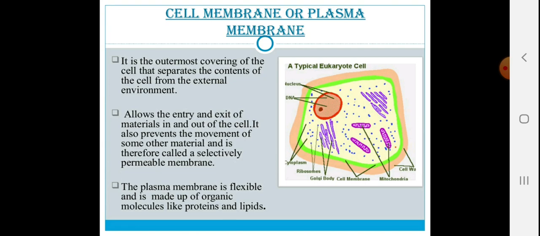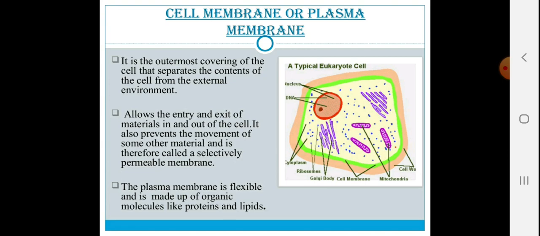But a cell with a primitive type of nucleus and a normal cell membrane without many cell organelles is called a prokaryotic cell. Prokaryotic cells are the primitive types of cells without well-defined functions, while eukaryotic cells are well-advanced cells with well-defined functions and more cell organelles.